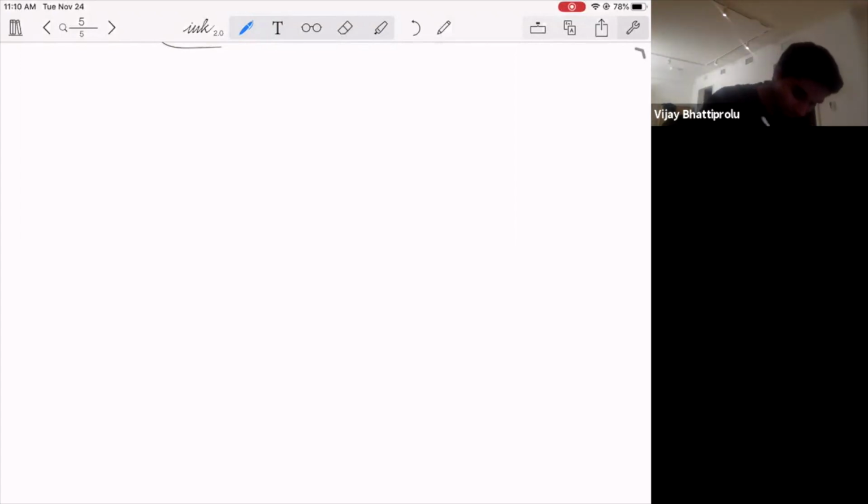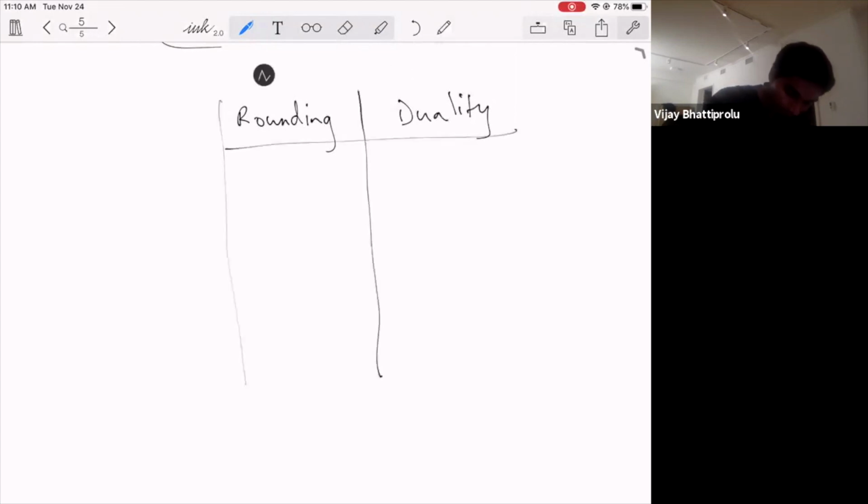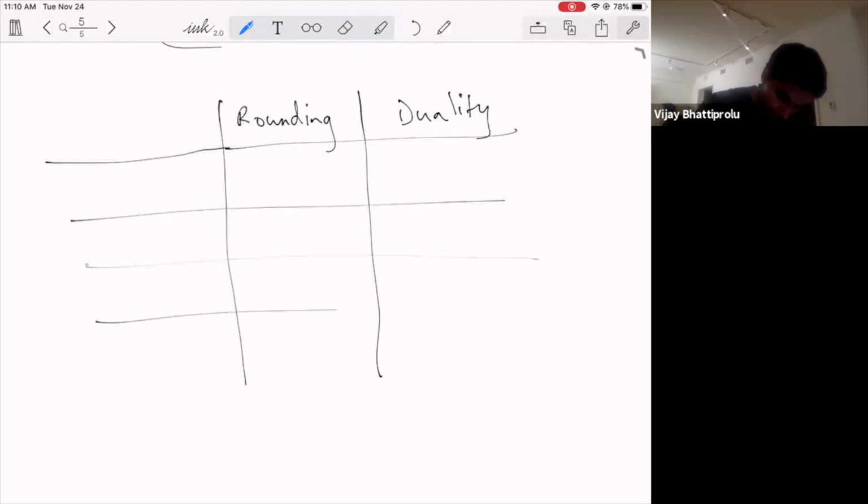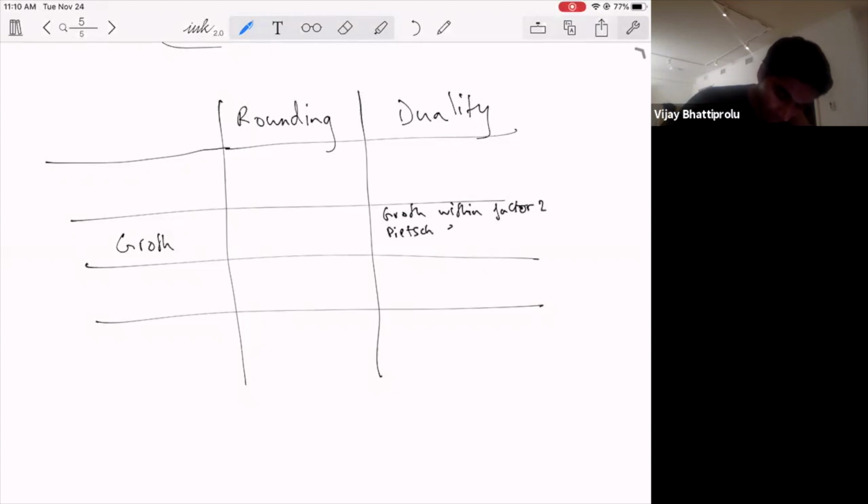So there is rounding, then there's duality, these two steps. There's Grothendieck's factorization theorem, where the duality step was originally proved by Grothendieck within a factor of 2, and Pisier showed it exactly.